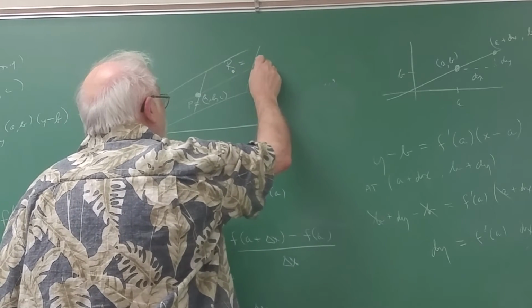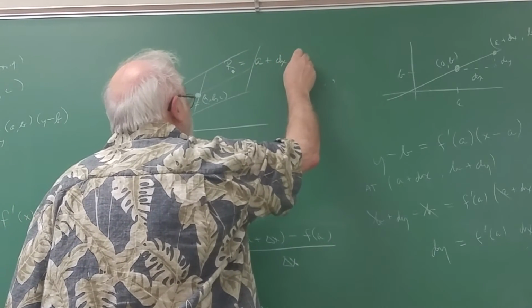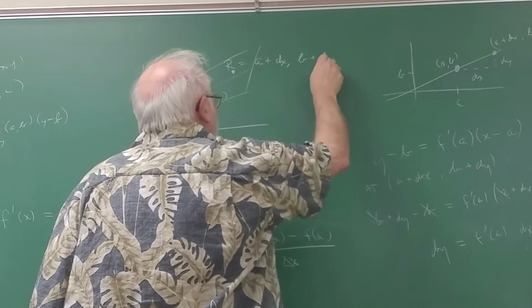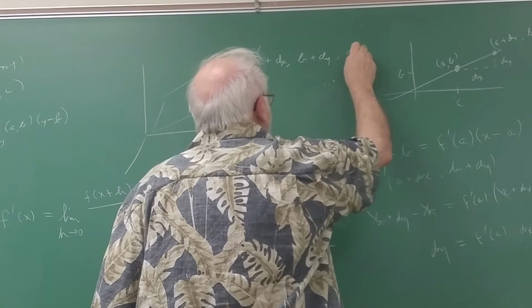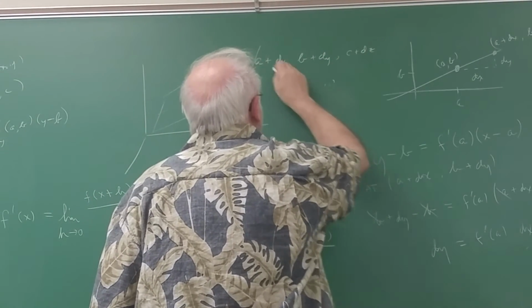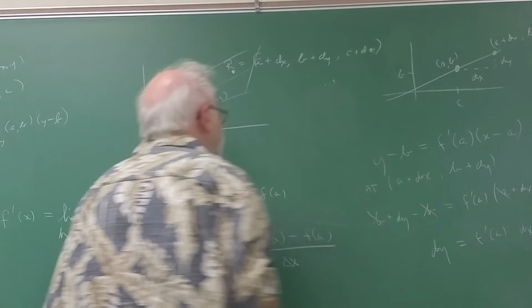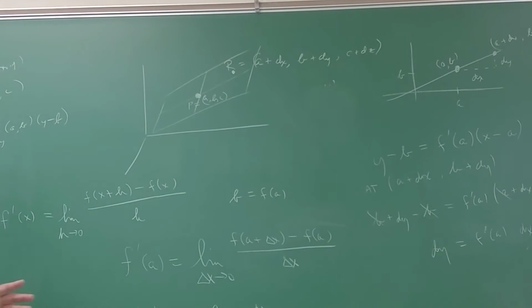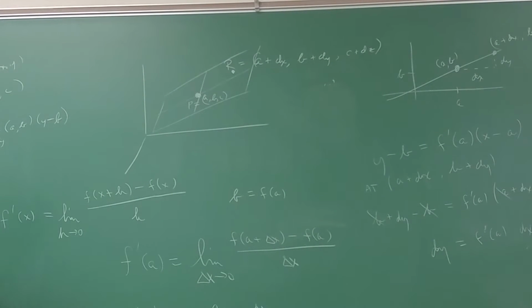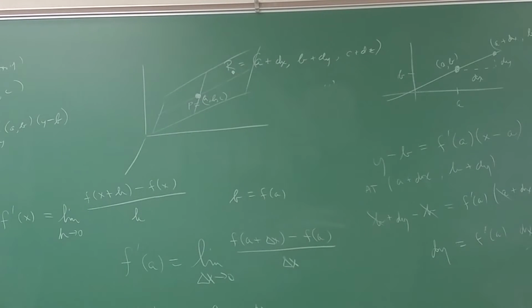And I'm going to make it A plus dx, B plus dy, and C plus dz. This is on the tangent plane, not the surface. So I'm trying to draw straight lines as best I can. Okay? So over here, I'm just trying not to draw a straight line.